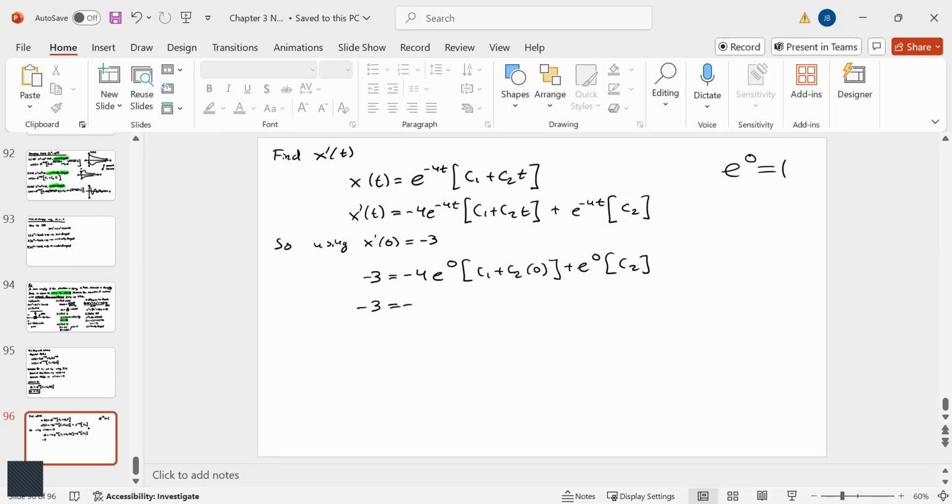So negative 3 equals negative 4 times c1 plus 0 plus c2. So negative 3 equals negative 4c1 plus c2. c1 is equal to 0. So c2 is equal to negative 3.